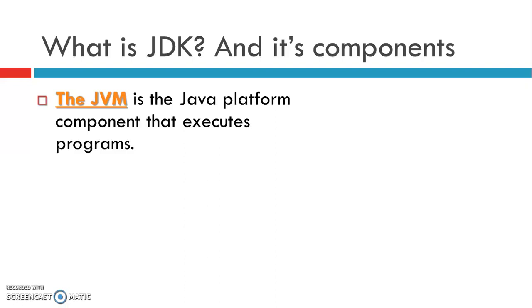Because of the Java Virtual Machine, a program written on any computer can be executed without modification on any other computer. So the JVM is an important component the JDK includes.